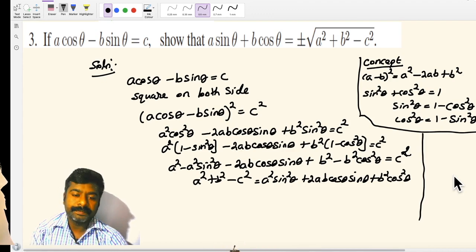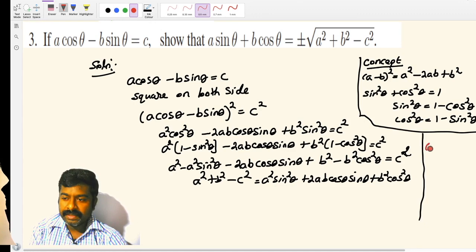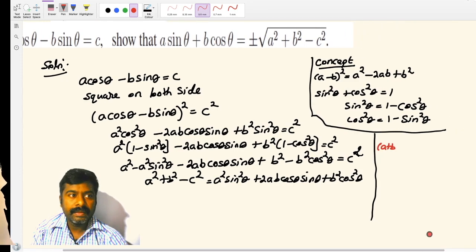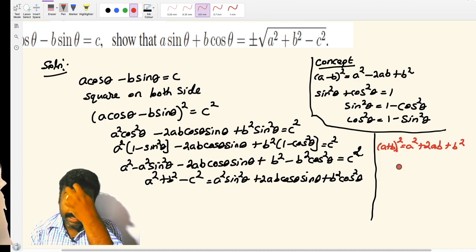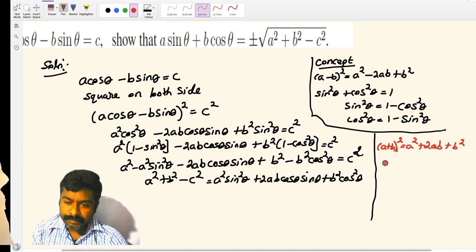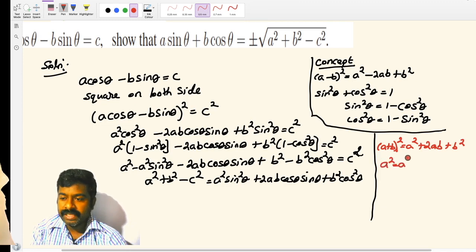Next, we know another formula: a plus b the whole square equals a square plus 2ab plus b square. Here a square equals a square sin square theta, so a equals a sin theta.